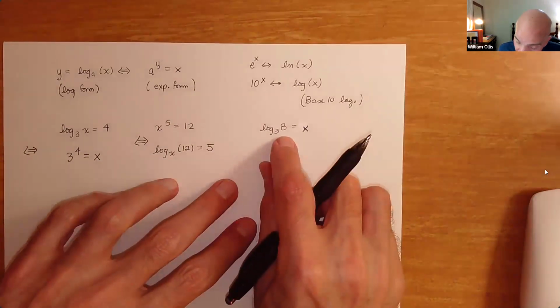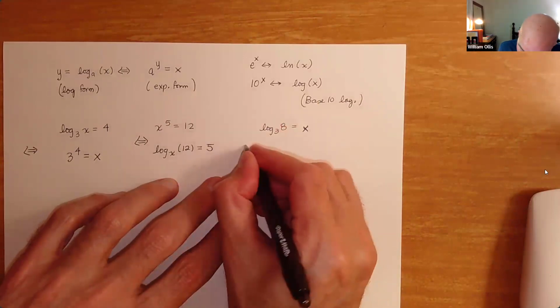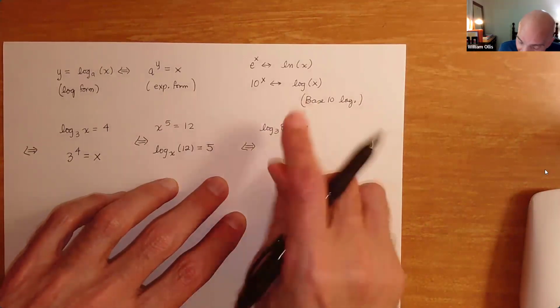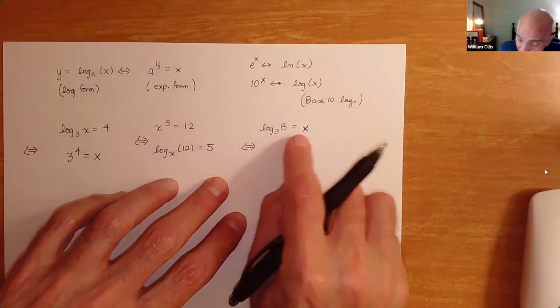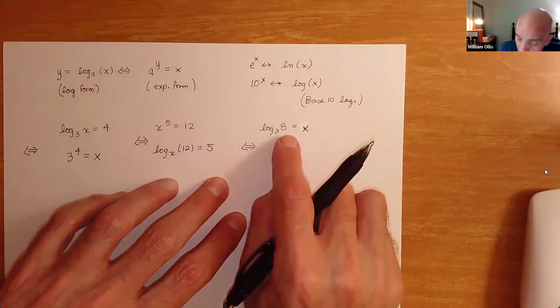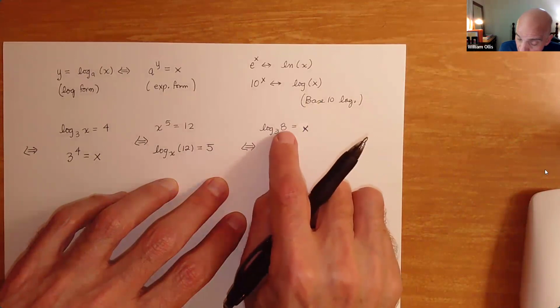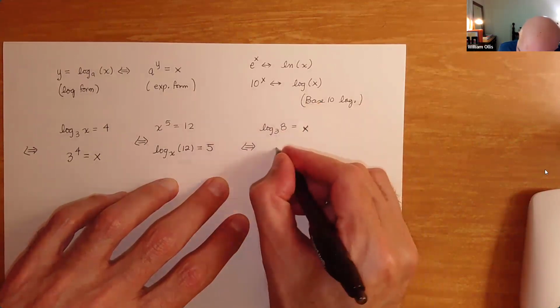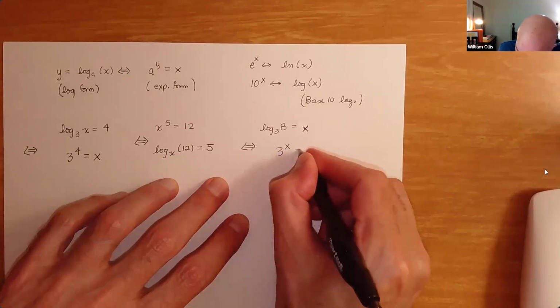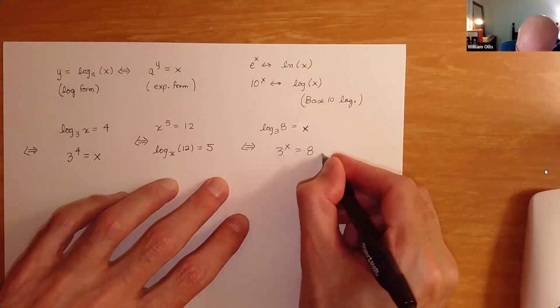Now let's do this one. The power of 3 that equals 8 is x. x is a logarithm. So we say 3 to the x equals 8.